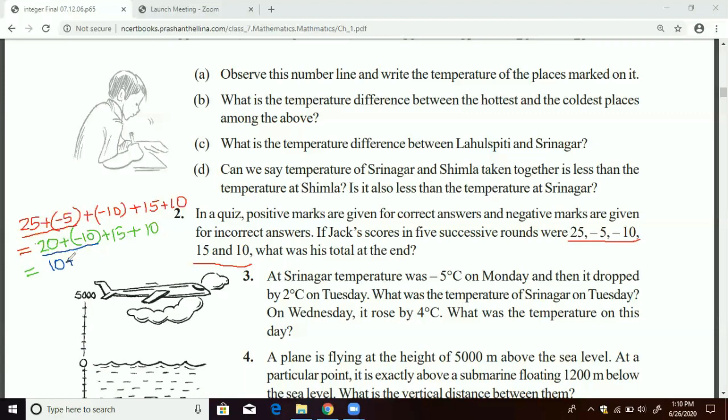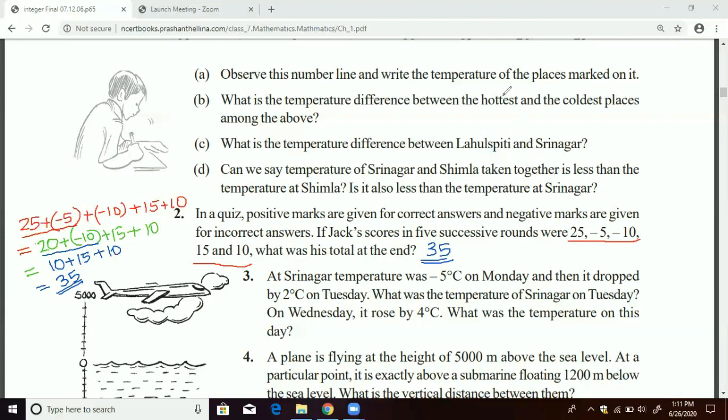Then the balance is 10 plus 15 plus 10. We can add 10 plus 15, 25, and 25 plus 10, 35. So 35 is the total score he obtained. What was his total score at the end? His score is 35.